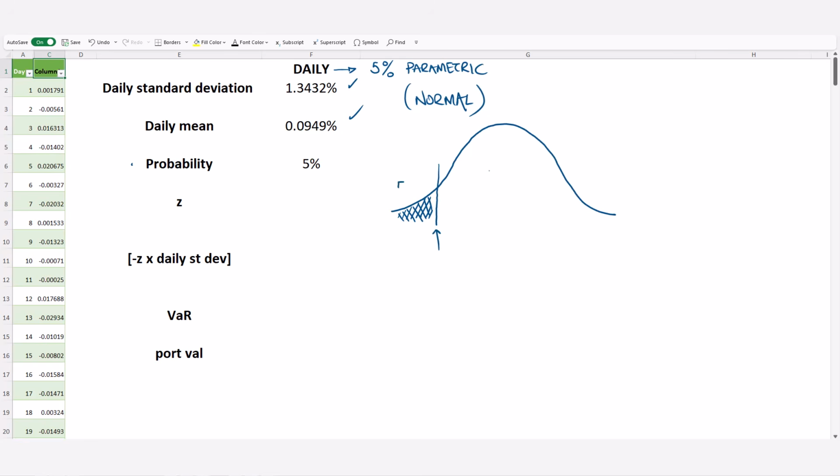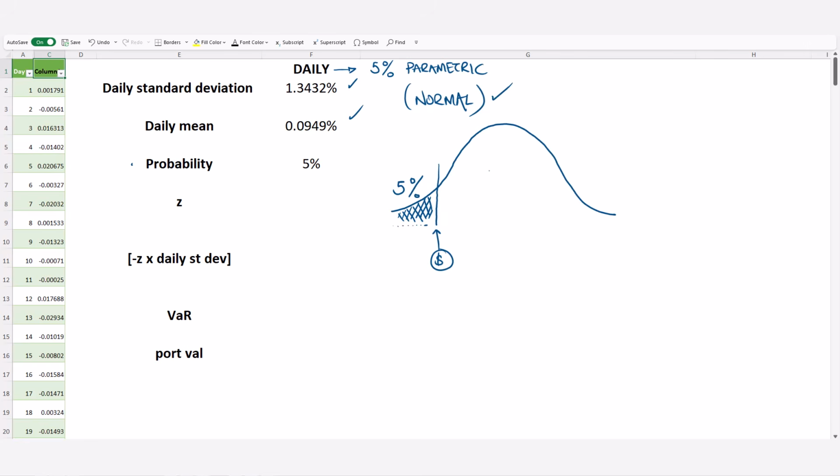What loss cuts out, isolates 5% in that lower tail? If I can find this amount here, I can say to my portfolio, this is the loss that will be exceeded 5% of the time.